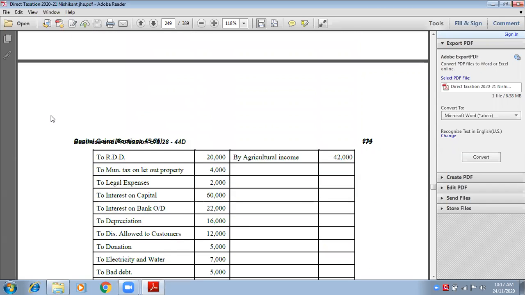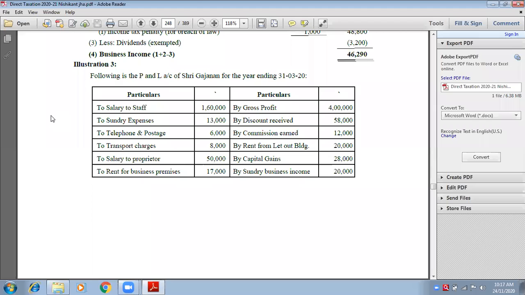So write down, we will start. Tell me, who is the assessee? Ma'am, Shri Gajanan. Very good, Sri Gajanan. You can just write Sri Gajanan, legal status individual.